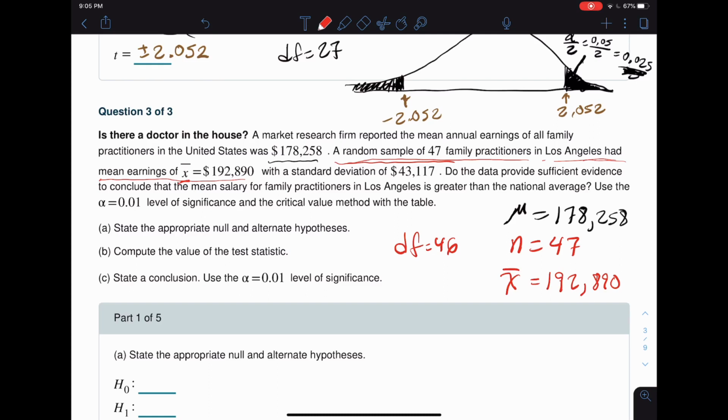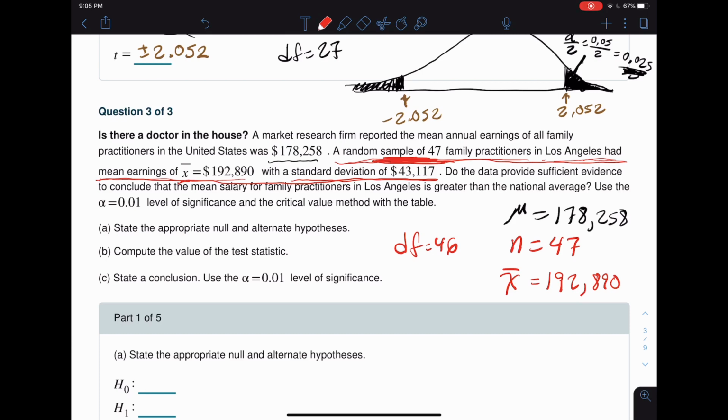It says the sample mean is right here, and then it follows with a standard deviation. This is where students go a little bit crazy. Is that the population or the sample standard deviation? Well, they're talking about a sample. Once they refer to a sample, in general, all the information after that is from the sample. So don't call that a sigma.